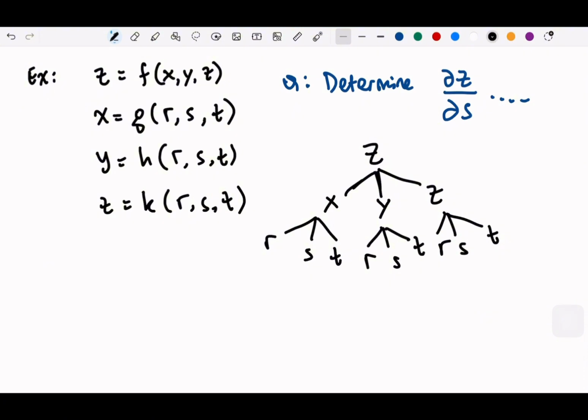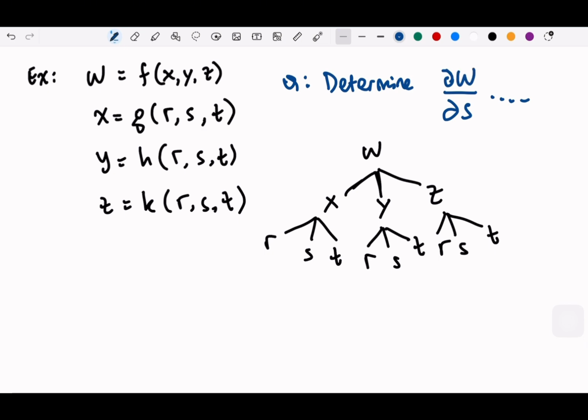We can go here and here, here and here, and here and oh, I have 2 z's. That's wrong, I just realized. Let me write this w. It's confusing.